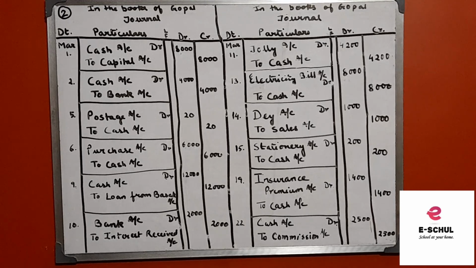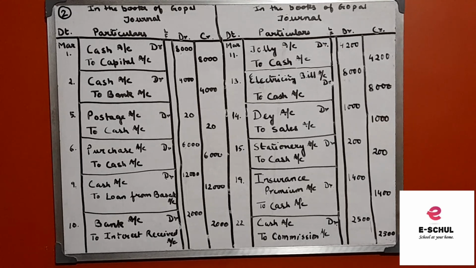Purchase account debit to cash account. Coming to the next one, loan taken from Boshak. Cash is coming in, so cash account or bank account, either is correct, is debited to loan from Boshak account because Boshak is a giver here.